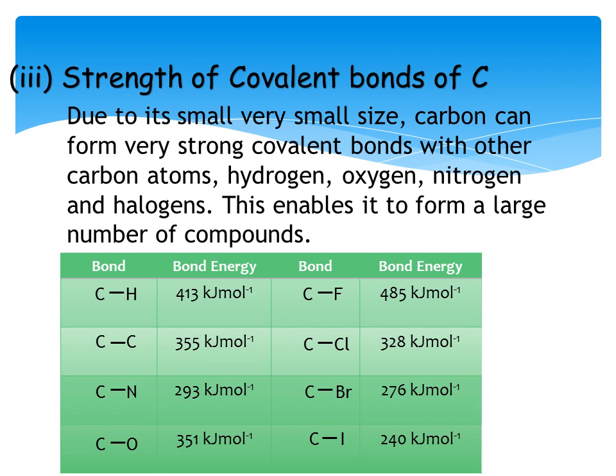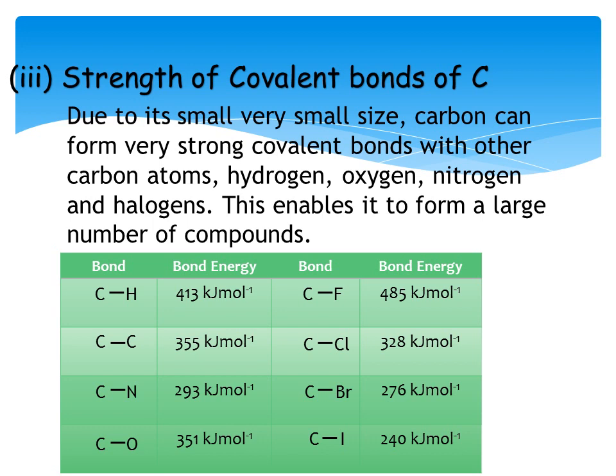The bond energy required to break the carbon-hydrogen bond is 413 kilojoule per mole, carbon-carbon is 355, carbon-nitrogen is 293, carbon-oxygen is 351, and likewise the carbon-fluorine bond is 485 kilojoule per mole. This is the amount of energy required to break the bond, or the amount of energy released when that bond is formed.